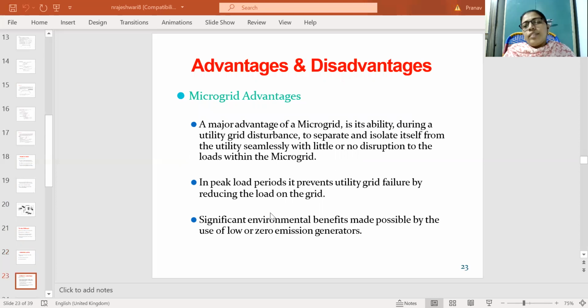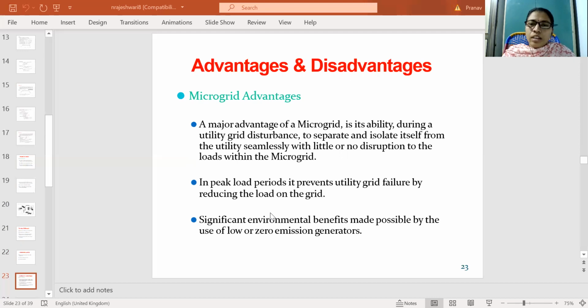And coming to the advantages and disadvantages of microgrid. The major advantage of microgrid is its ability, during utility grid disturbances, to separate and isolate itself from the utility seamlessly, with little or no disruption to the loads within the microgrid.